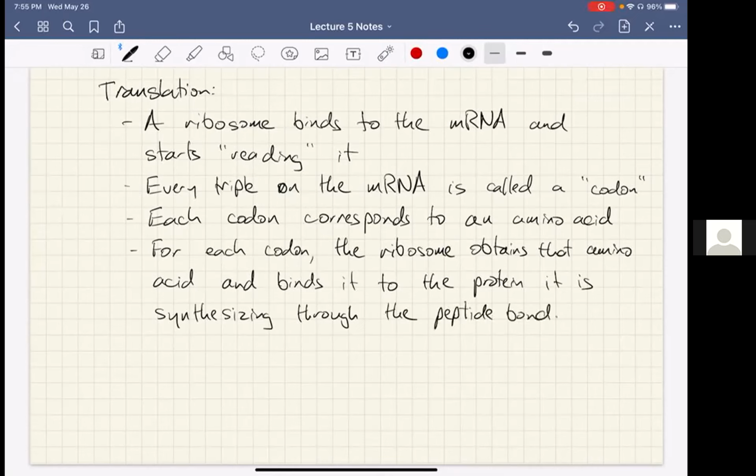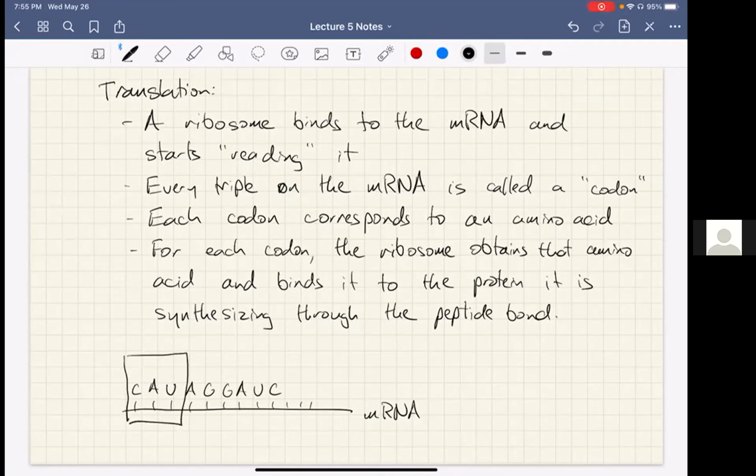So the way to think about it is like this. We have our single strand of mRNA here. Remember, it's U instead of T. And so on. This is enough to make my point. So basically the ribosome comes along and connects here.